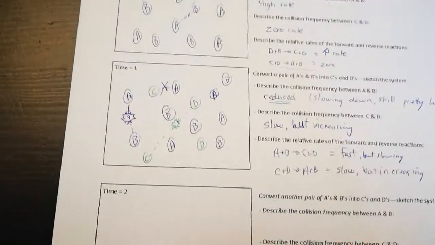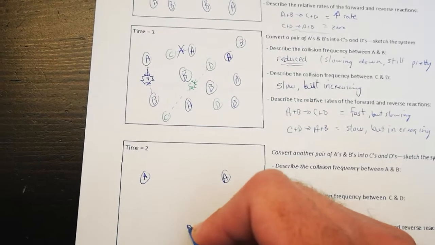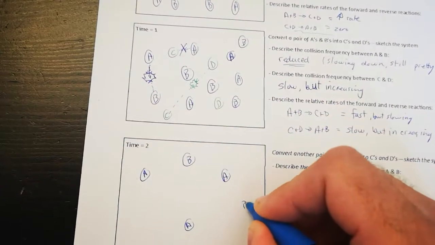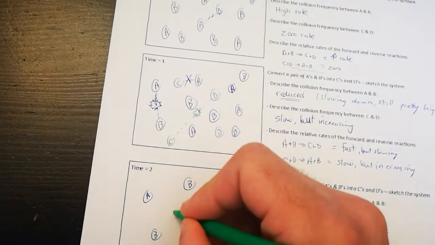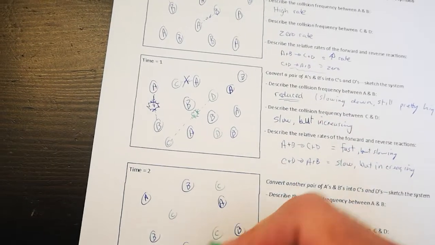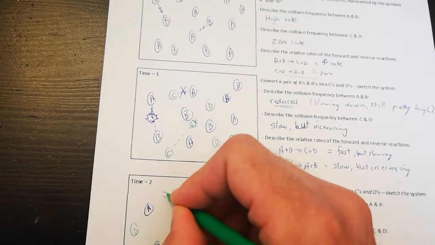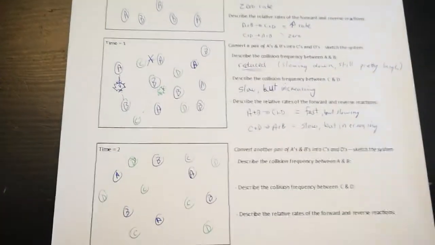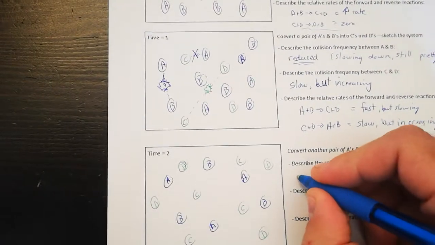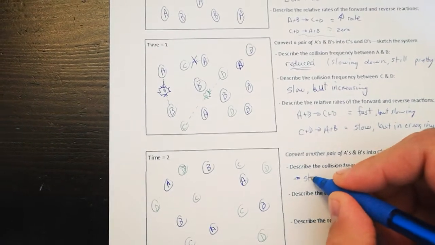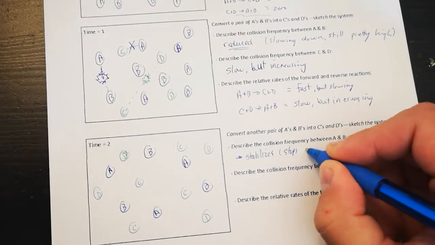Finally, at time 2, we're going to have this as our relative equilibrium here. So the collision frequency between A and B stabilizes, meaning the frequency stops changing.